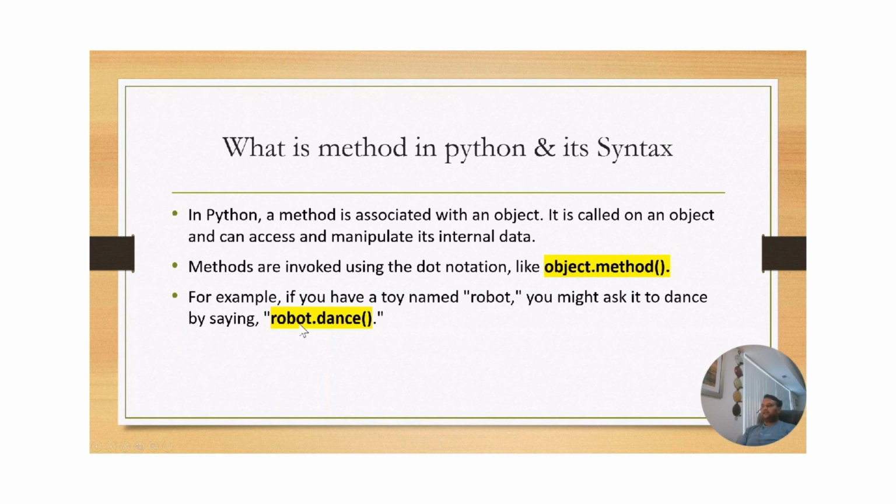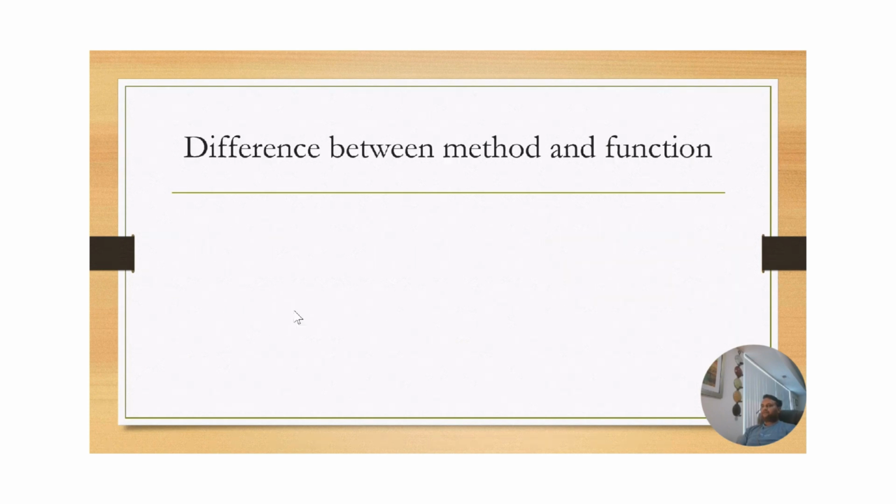Every object will have its own properties. Only those properties will decide whether that object can perform specific actions or not. And in this definition, you can take a method as an action that is allowed for an object. Okay, let's keep moving.